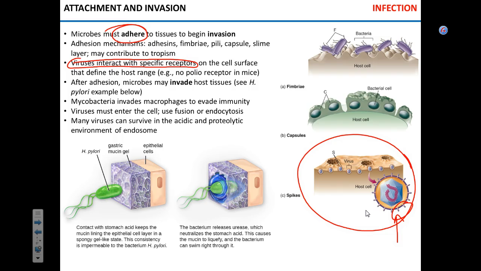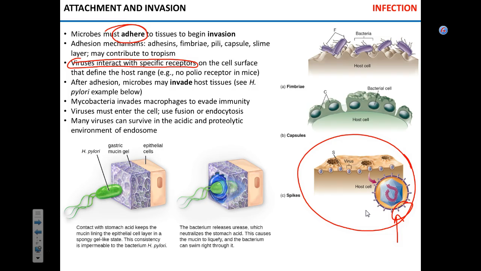One of the great examples of difference between species in terms of the presence or absence of a receptor is the poliovirus. Humans have the poliovirus receptor, which is CD155 as far as I can remember, on the surface of the cells. So human cells, epithelial cells, and neurons can be infected with poliovirus. Does that make sense? Mice do not have this receptor. You can bathe the mouse in poliovirus. You can inject as much as you want into the mouse.